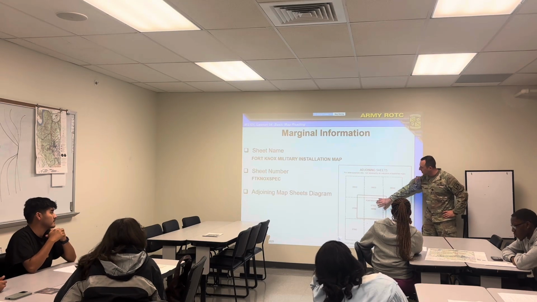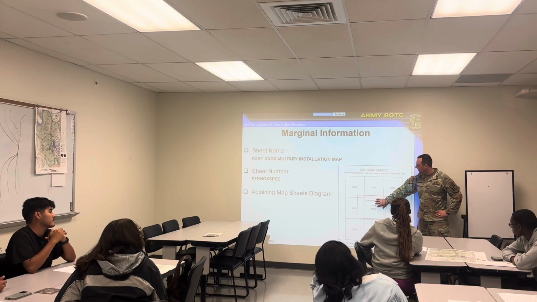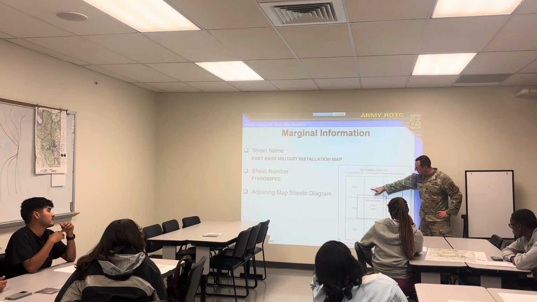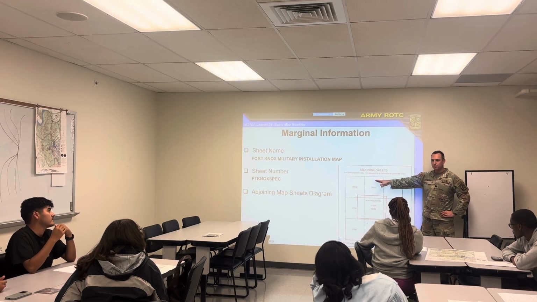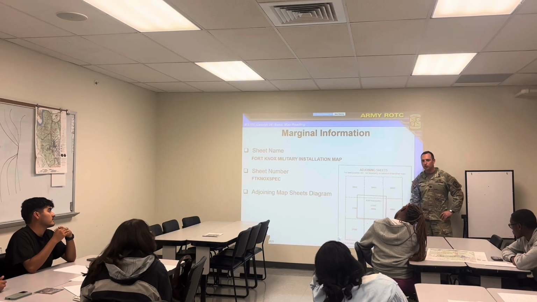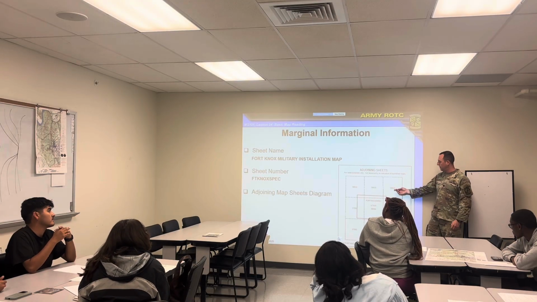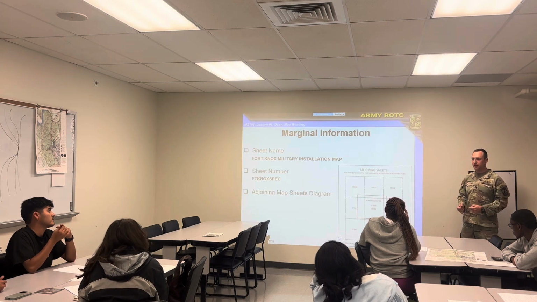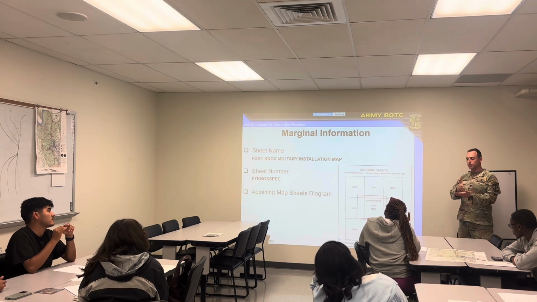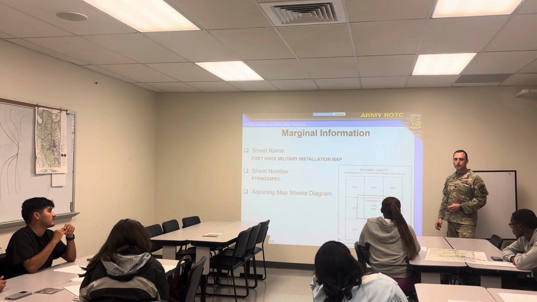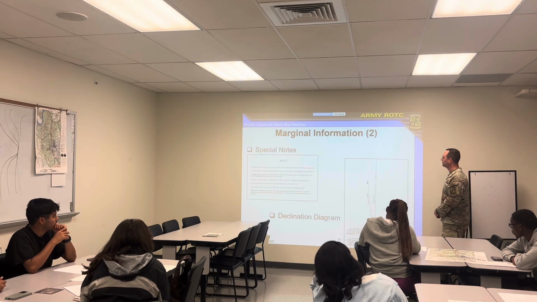So if we were operating in a mission that required us to leave the top of our map, or the north of our map, this will tell us the code of the next map that's up to our north. So north, south, east, west, or diagonal, we can easily look up what map sheet we need, and then we can order them for our mission so that we have them with us and we can smoothly transition from one map to the other. Does that make sense? Yes. Cool. All right, next slide, please.